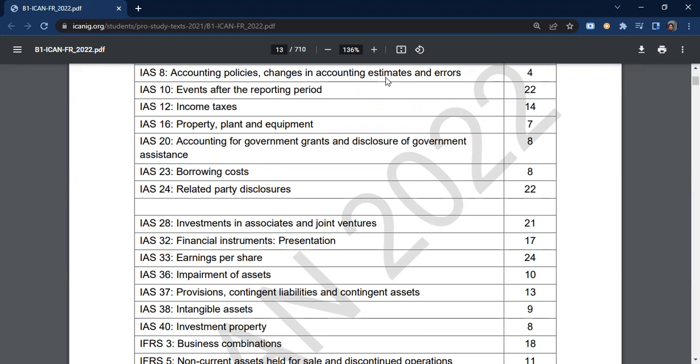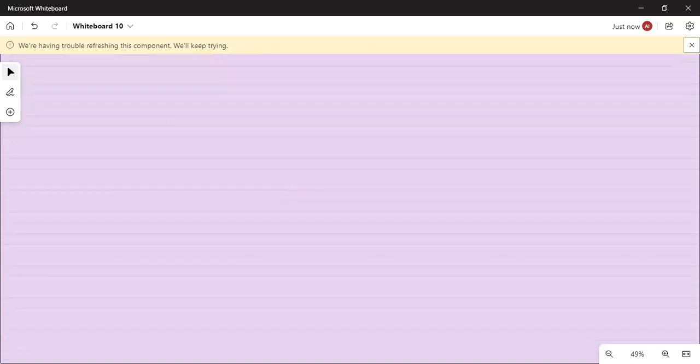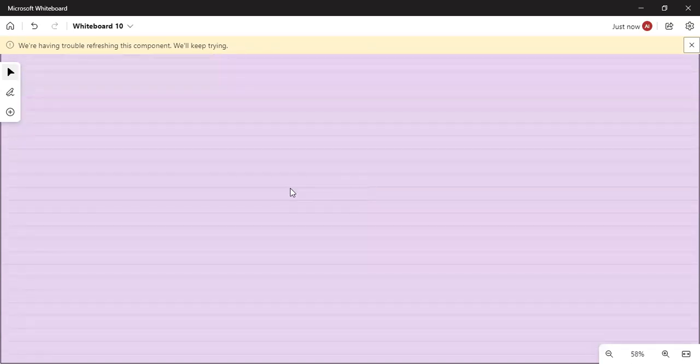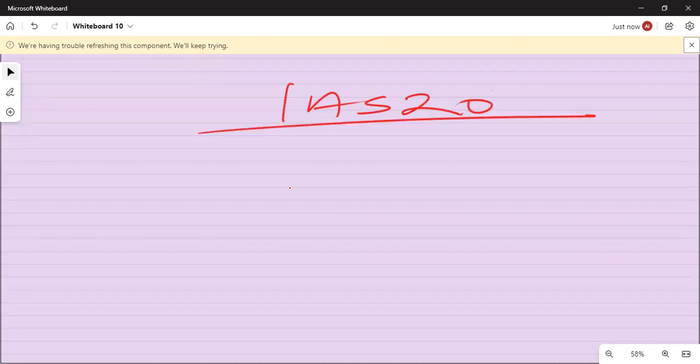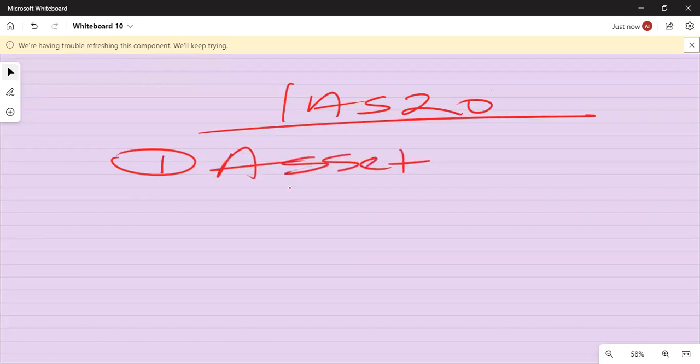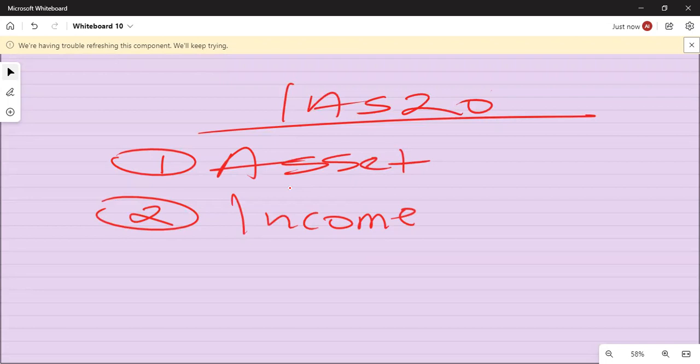We have grants relating to assets, and we also have grants relating to income. These are the two types of government grants.